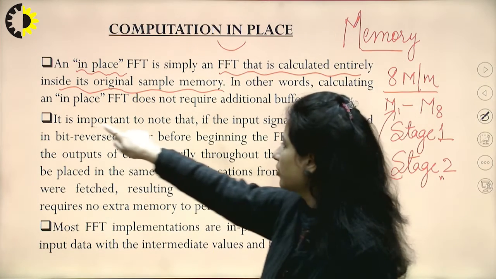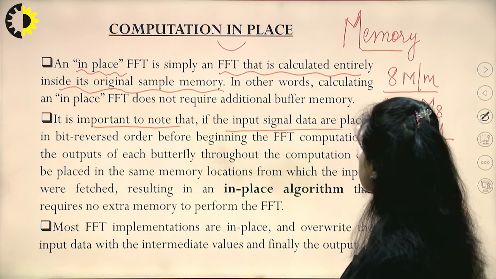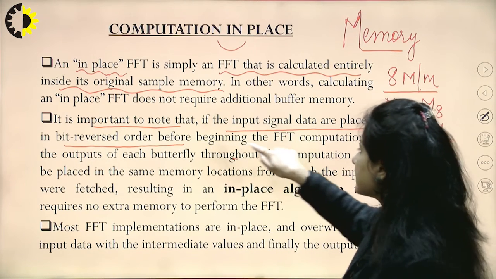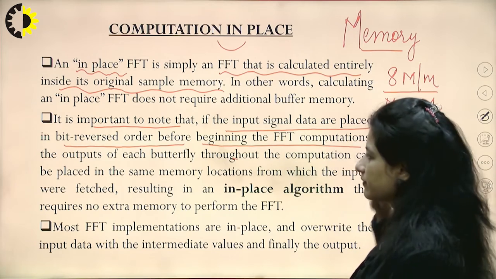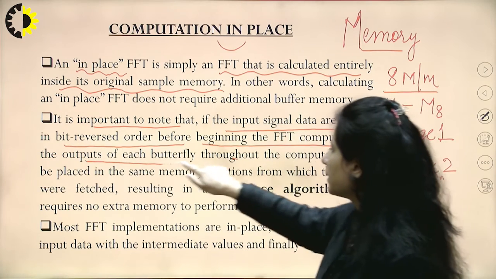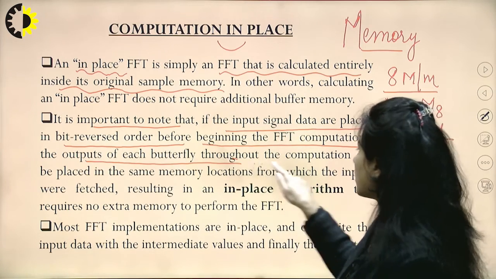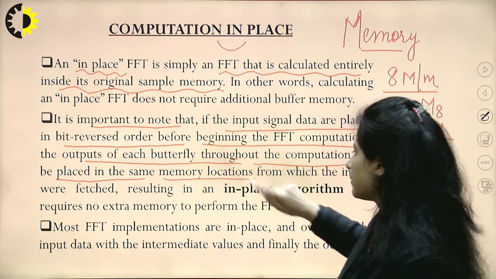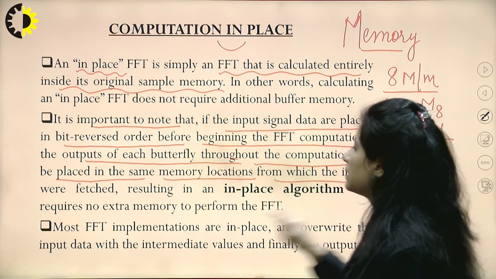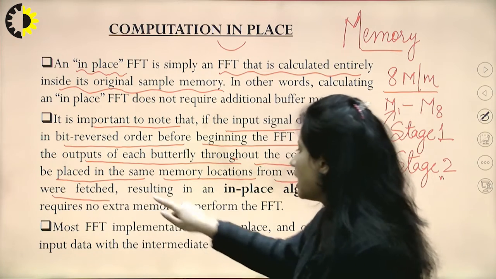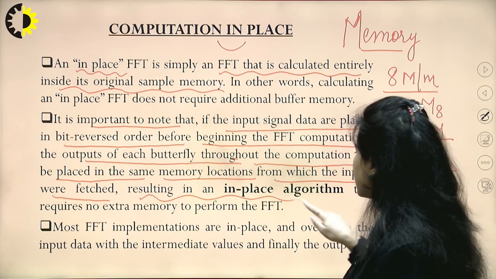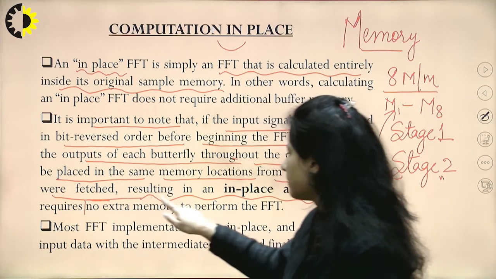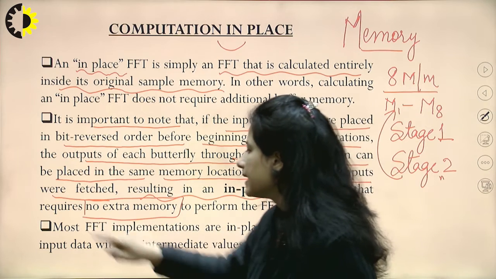It is important to note that if the input signal data are placed in bit reverse order before I start calculating this FFT, the output of the butterfly at every stage throughout the computation can be placed into the same memory location from which the inputs were fetched, resulting in an in-place algorithm that requires no extra memory to perform the FFT.